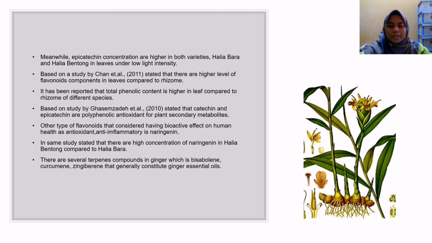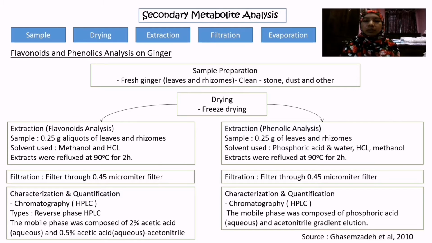There are several terpene compounds in ginger that generally constitute ginger essential oil. For secondary metabolite analysis, there are several steps to follow, which are sample preparation, drying, extraction, filtration, and solvent evaporation. Flavonoids and phenolics are examples of secondary metabolites found in ginger.